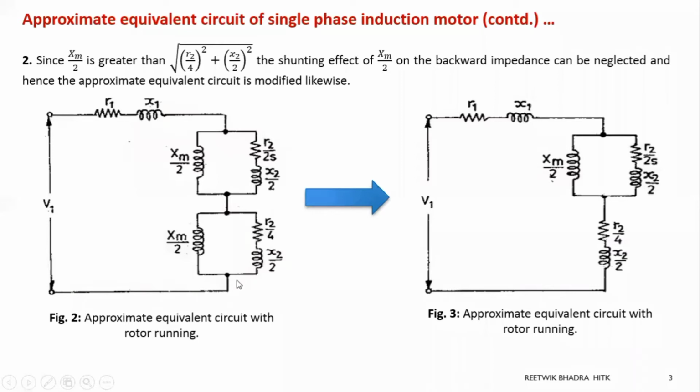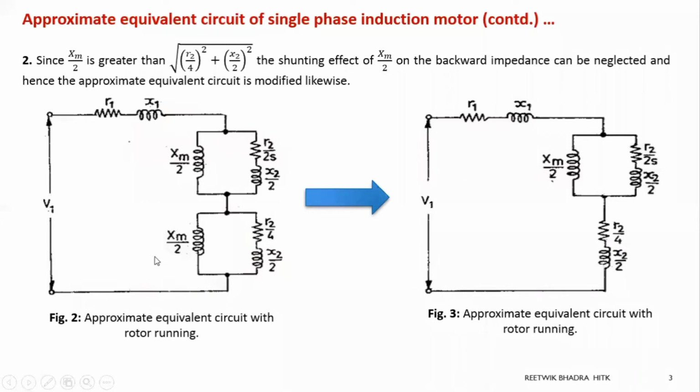You remember the blocked rotor test, what we had done? We had eliminated this path and kept this path only. That is the assumption we are taking over here, because this part is greater than this. If you do the impedance, no current will flow through this path because this is a high impedance path. This is a low impedance path. We are thinking all the current flows through this path because we are doing approximation.